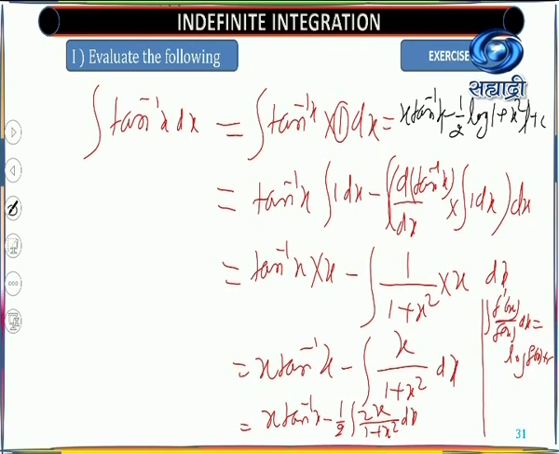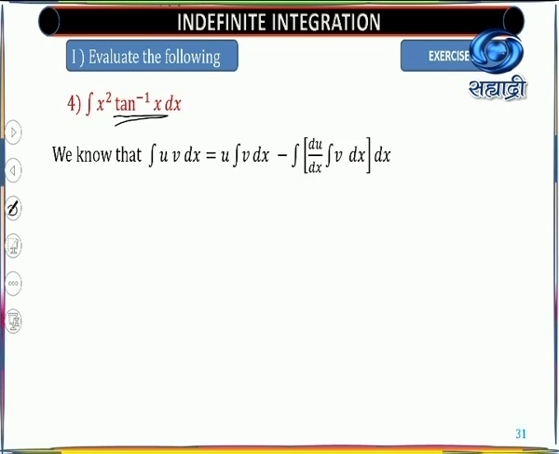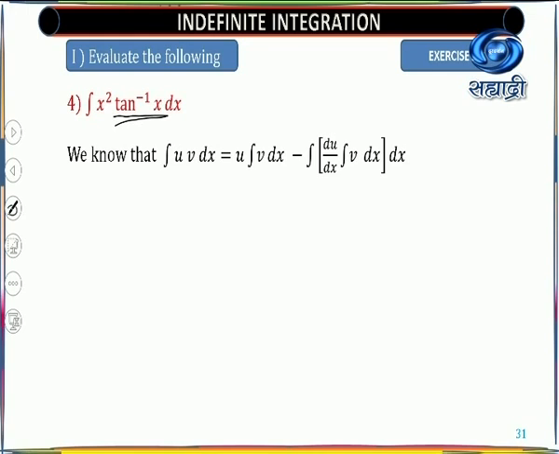After this we'll move towards our next example from exercise 3.3, and that's why I have discussed this, because you have tan inverse x in this example. So we'll start with that. Now look here, we know that integral of u into v dx equals u times integral of v dx minus integral of du by dx times integral of v dx, into dx. We'll use that formula, and by that formula we'll choose our functions.